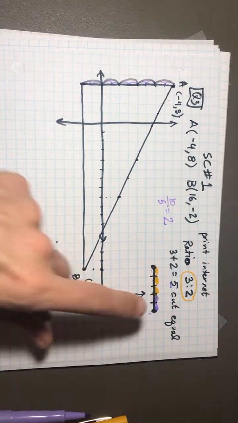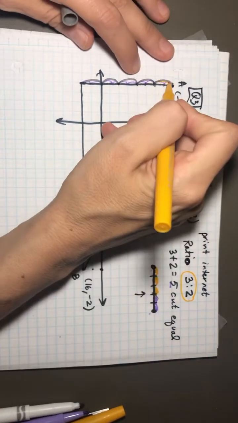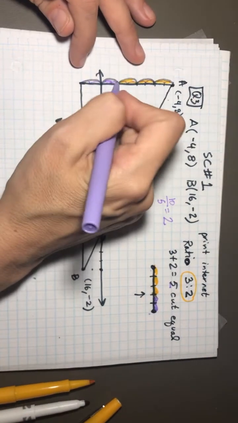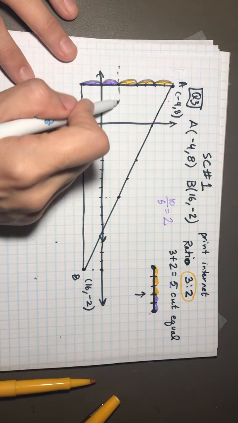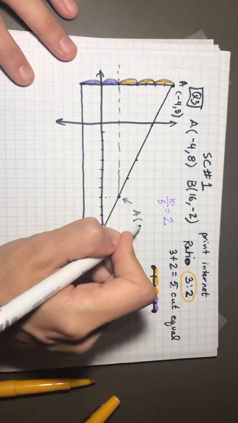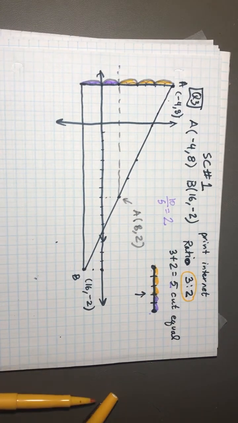And again, using this concept, I need to go 3 and then leave 2 left to go. Okay, so I pretty much know it is choice A, the coordinate 8, 2. But let's keep going just for the sake of argument.